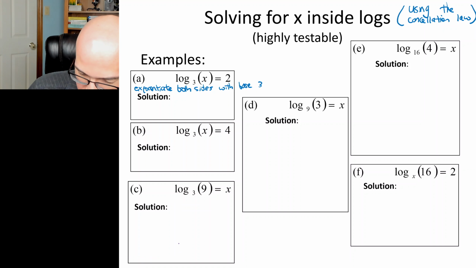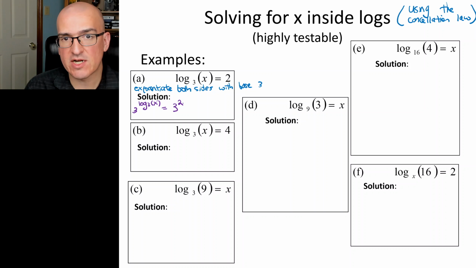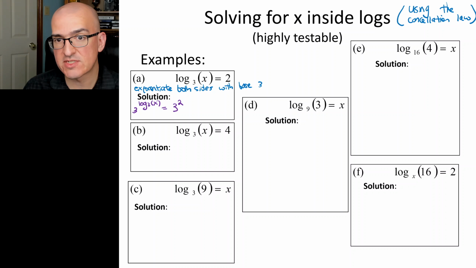So this is what that means. I'm going to take the left-hand side and raise it as a power on 3. I'm going to take the right-hand side and raise it up as a power on 3. So 3 to the power of log base 3 of x equals 3 to the power of 2. So we exponentiated, we raised both sides as powers on the same base.